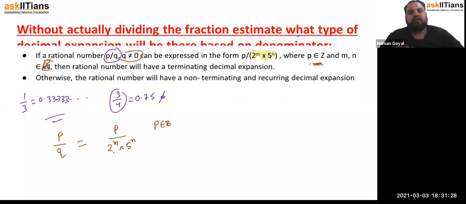Whole number means m, n can be 0 also. Then the rational number will be a terminating decimal number.